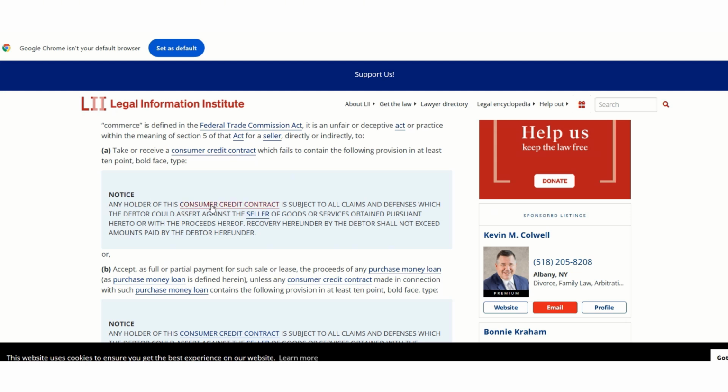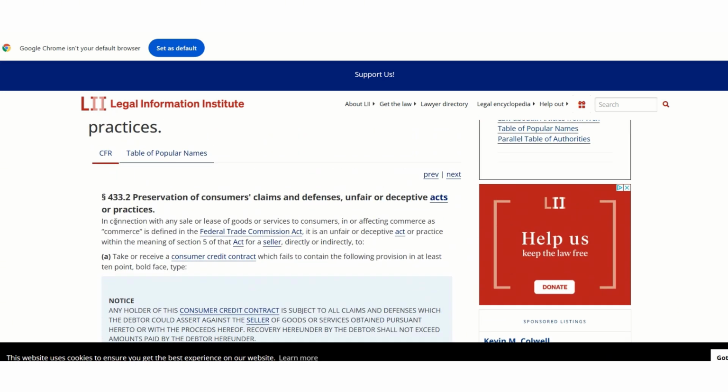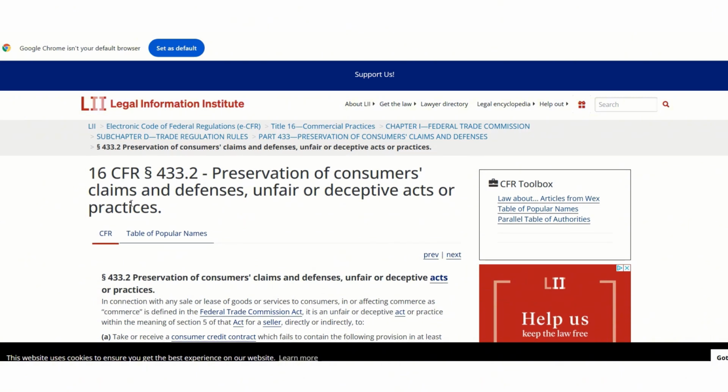And we're talking about the consumer credit contract. All right. So if a seller says, "Oh, he has signed a contract already, he's not liable," no, you're still liable. That's why they gotta give this notice. All right. And this is the law right here: Title 16 Code of Federal Regulations, Section 433.2, Preservation of consumers' claims and defenses, unfair or deceptive acts or practices. All right. Let's continue.